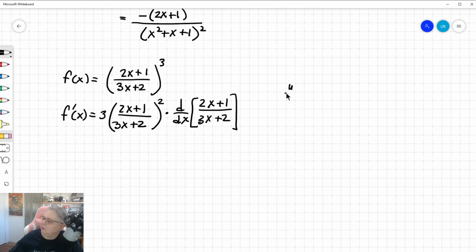All right, so remember the quotient rule, (u over v) prime is going to be v times u prime minus u times v prime, all over v squared. So u is the top, v is the bottom.